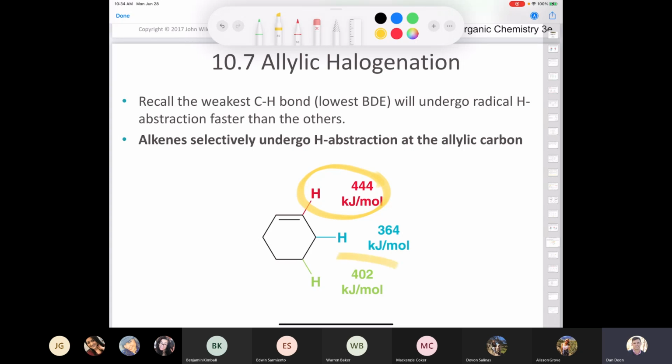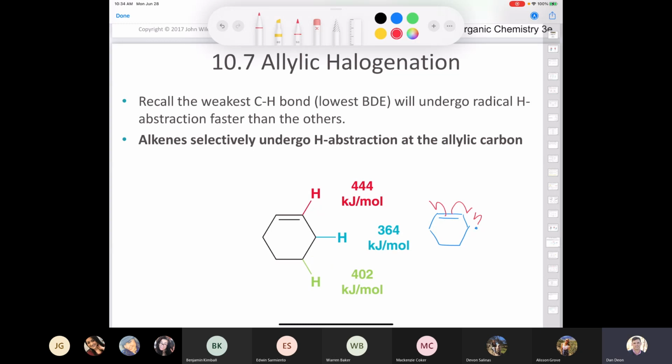You see that the green one is intermediate because you end up with a secondary radical here, which is not unstable, but it's not nearly as stabilized as if you were to pull off the allylic hydrogen, the one that's highlighted in blue. You would end up with a resonance stabilized radical, wouldn't you? You end up with an allylic radical, and you can draw the resonance contributor of that just by putting in the fishhook arrows like this, okay?